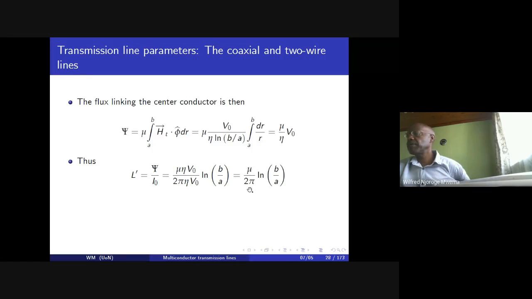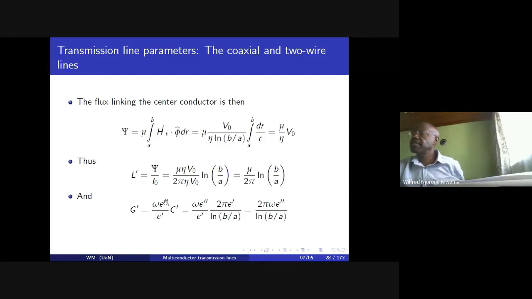We get mu by 2 pi natural log of B by A. And for the conductance per unit length, we use what we saw before, that is the conductivity divided by the permittivity, and we multiply that by C prime, the capacitance per unit length, and we get a value of that nature there.